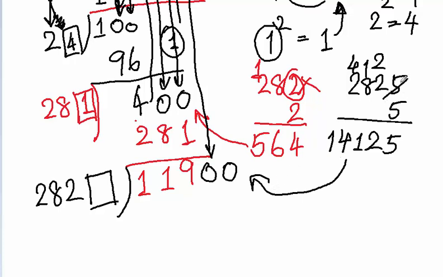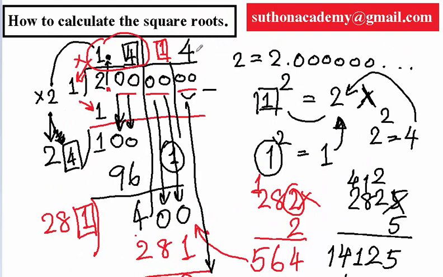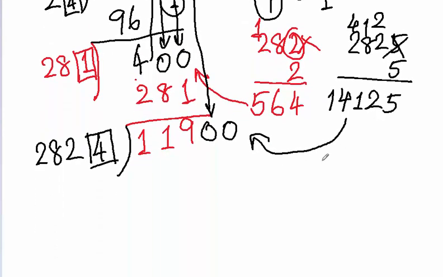That's impossible to be 5. So I think of 4. Think of 4 here and write 4 there. Okay, already. So I will write down here 2824 times 4.